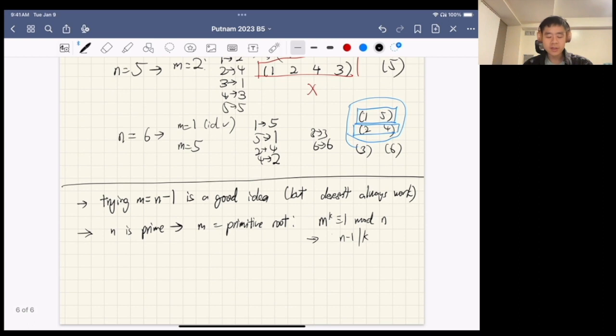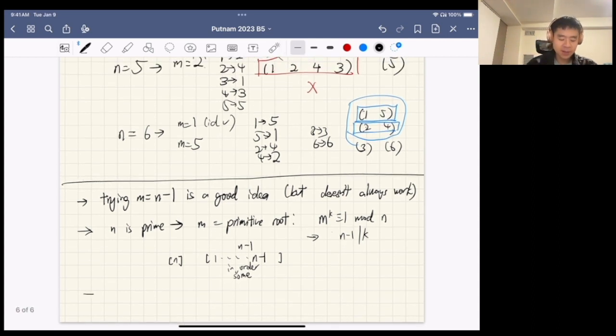So in this case, we have this n, and then 1 all the way to n minus 1 in some order. So here you have a cycle of length n minus 1, just one cycle, and therefore you know that this is not going to work.